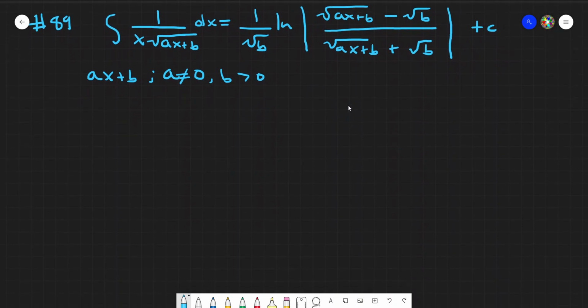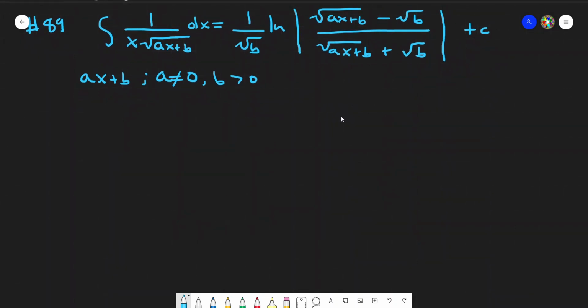So this is our integral that we got from a table: the integral of 1 divided by x times the square root of x plus 1, dx. It says that b is equal to 1, and a is also equal to 1.